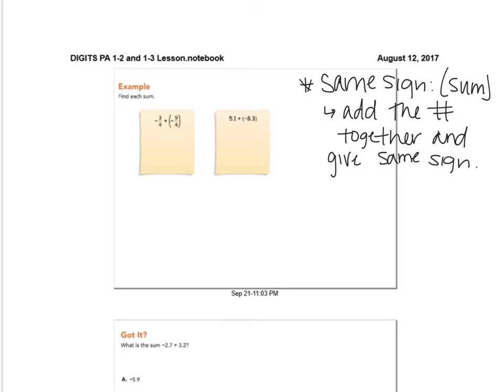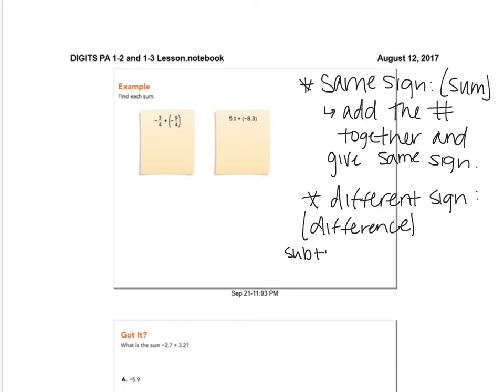So that's the first. The second would be if they have different signs. So one number would be positive and one number would be negative. When that's the case, I want you to think difference, aka subtraction. And that is when you subtract the smaller number from the larger number. So subtract, and that's not a hashtag, that means number.